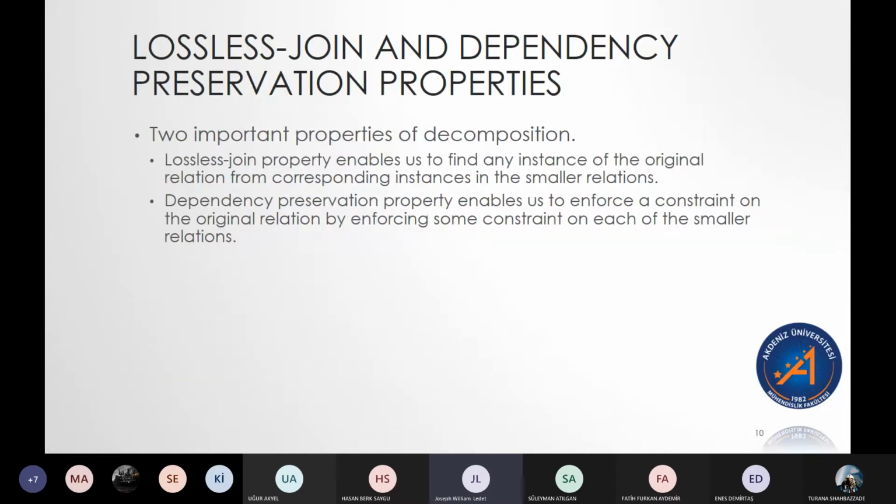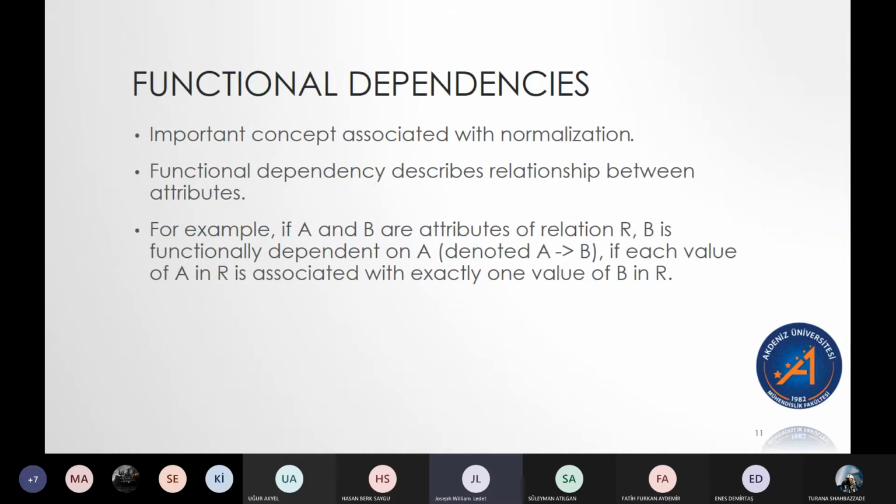We talked about what update anomalies are. This was the reason why I wanted to go over this set of slides again, because I want to make sure that we understand what a functional dependency is.